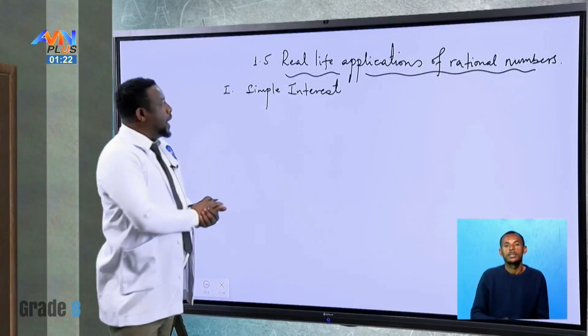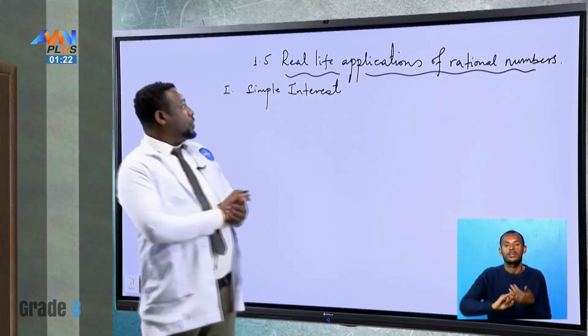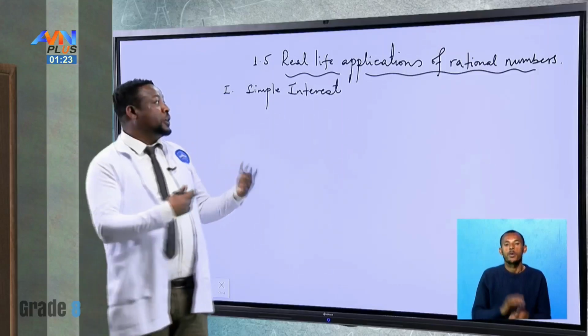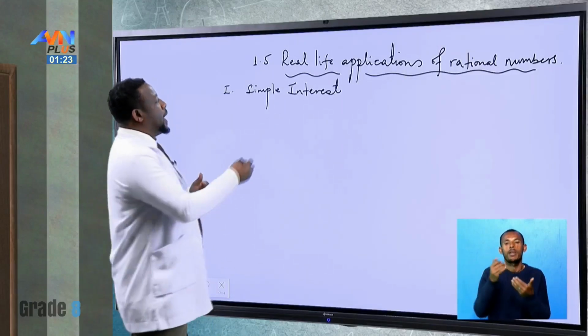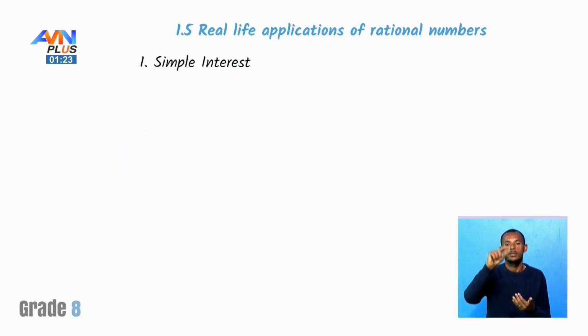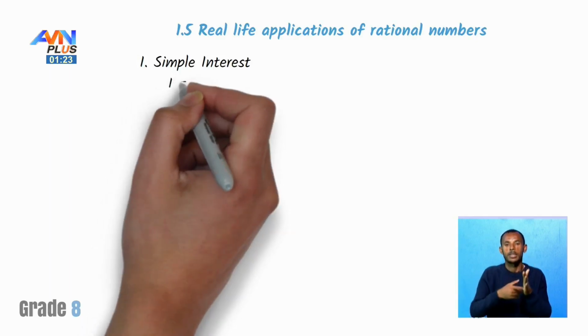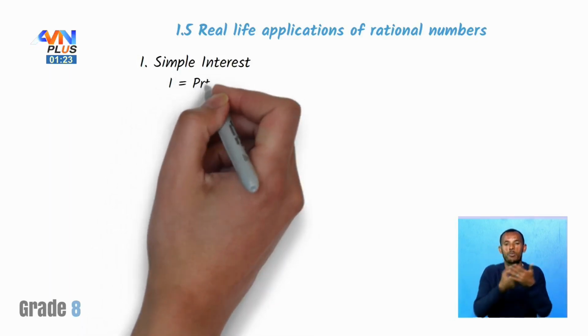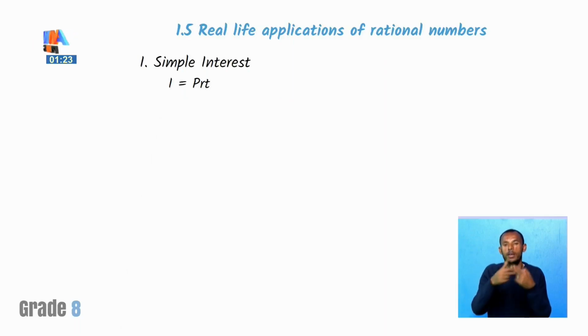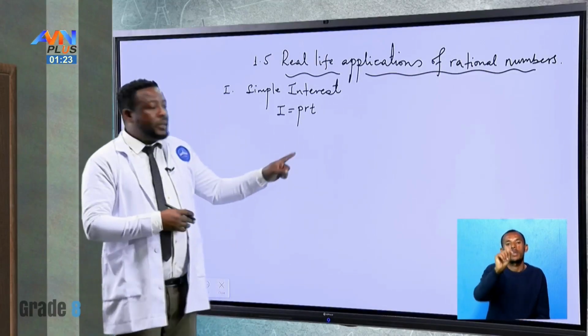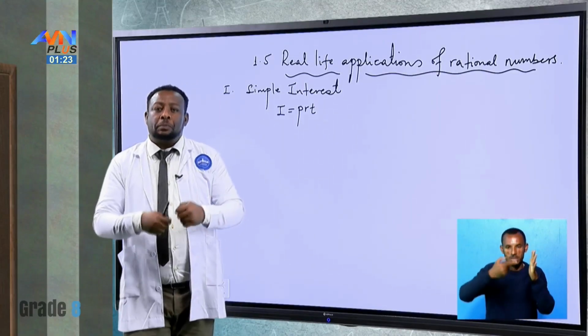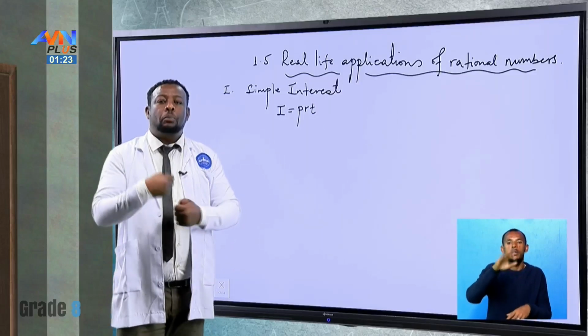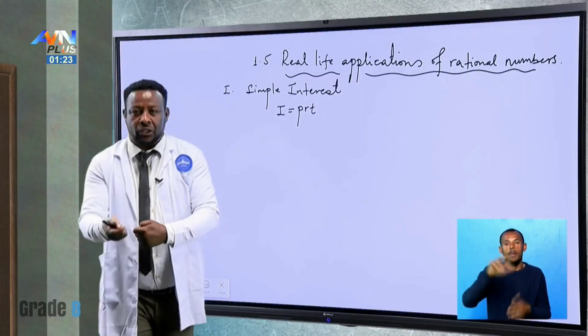Okay, one of the real-life applications of rational numbers is simple interest. Here, interest is denoted by the capital letter I, and it's defined by the formula P times R times T. Here P refers to the principal, the money borrowed or loaned, right?